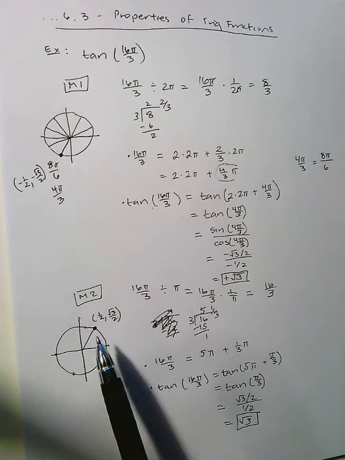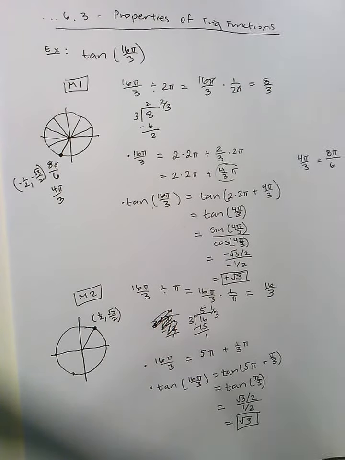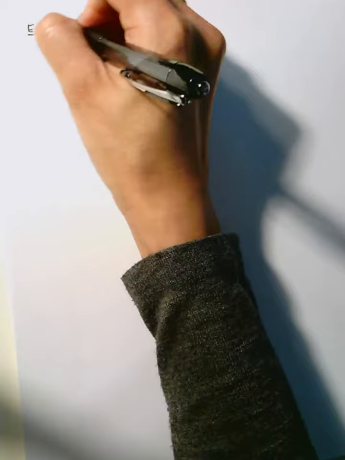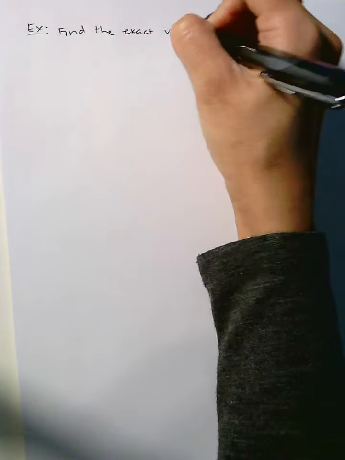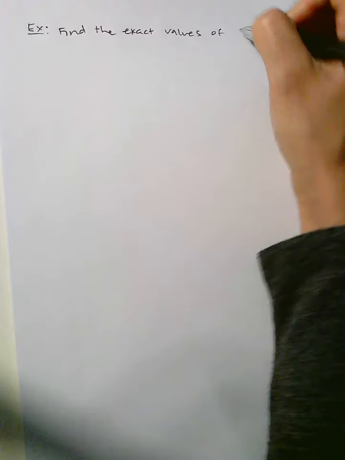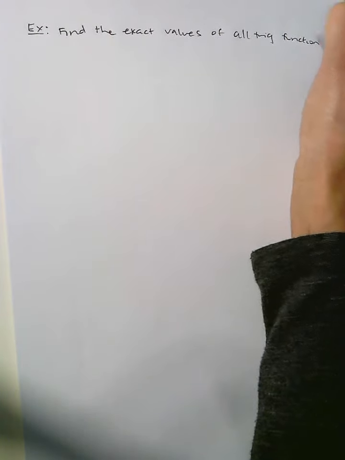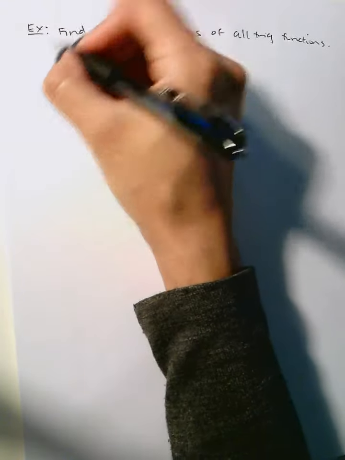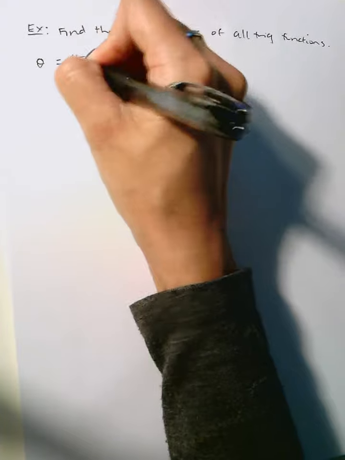Let's go ahead and find the values of all trig functions given an angle. So let's go ahead and find the exact values of all trig functions. And the only one I'm going to do is theta equal to 11 pi over 4.